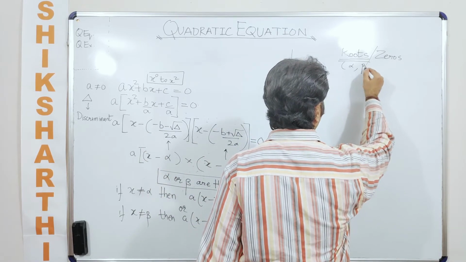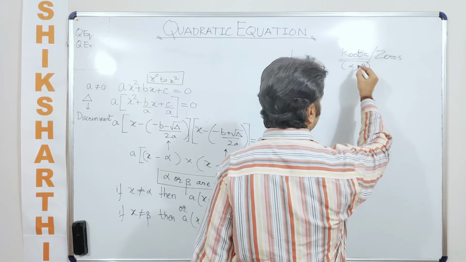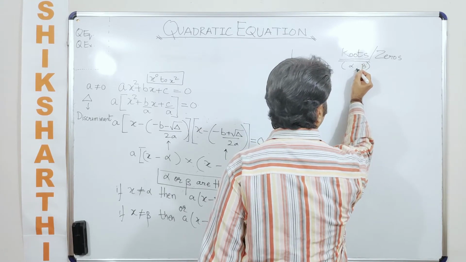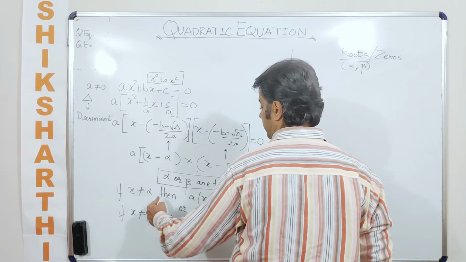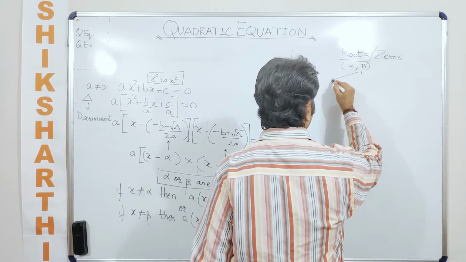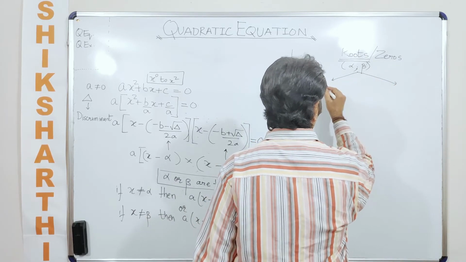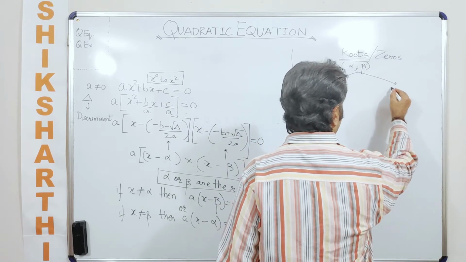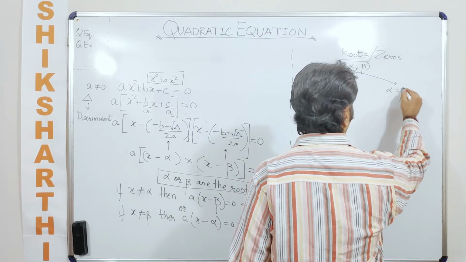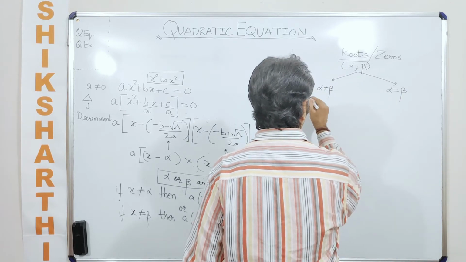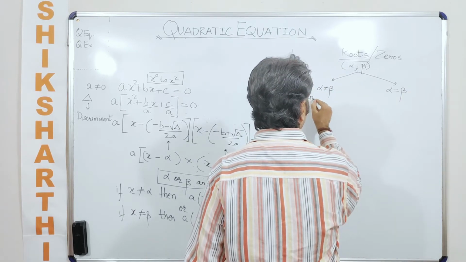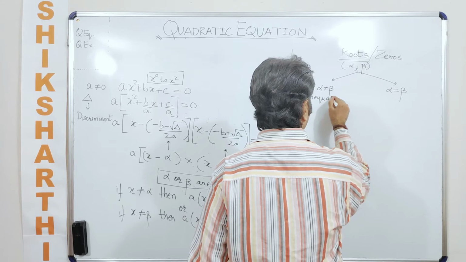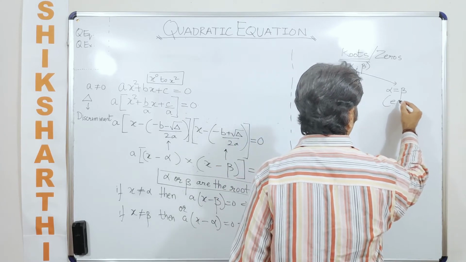And the roots are alpha or beta. One case here is alpha is not equal to beta, and the other case is alpha is equal to beta. So here we are talking about unequal roots, and here we are talking about equal roots.